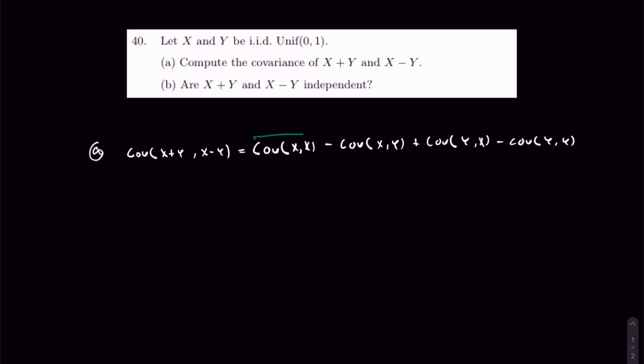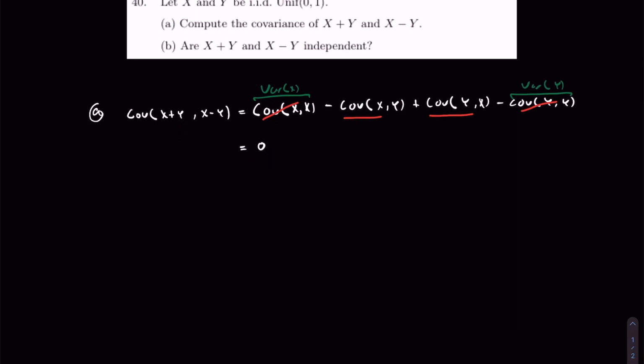So this is the variance of X, and that's the variance of Y. And because these two variables are i.i.d., identically distributed and independent of each other, they have the same variance. So they cancel out, and this with this, and we end up with the covariance of these two, the sum and the difference, being 0.